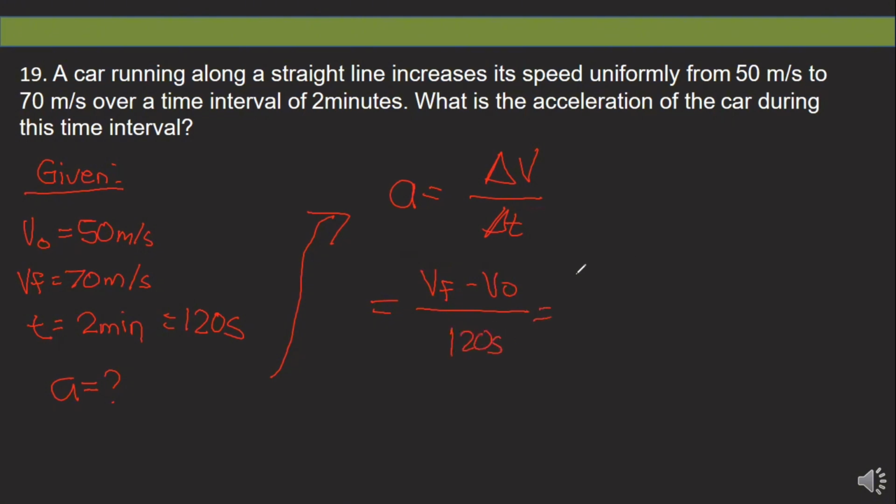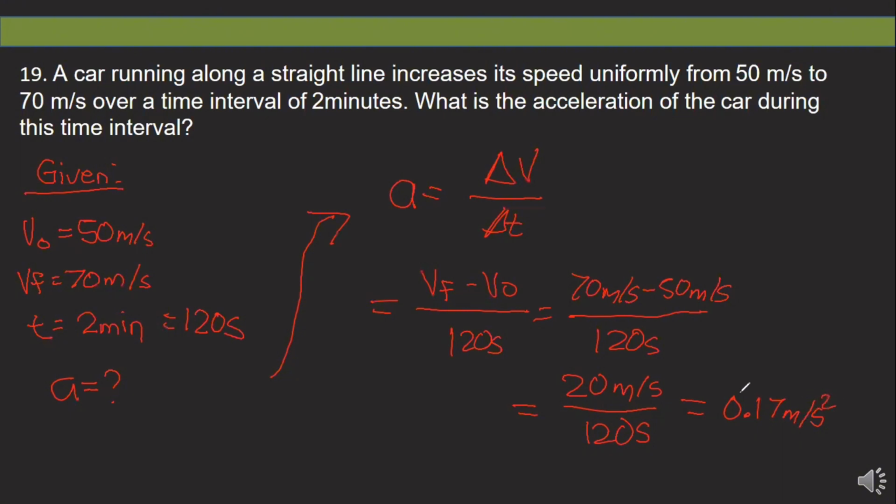So we have 70 meters per second minus 50 meters per second over 120 seconds. 70 minus 50 is 20 meters per second divided by 120 seconds. We have 20 divided by 120 is 0.17 meters per second square.